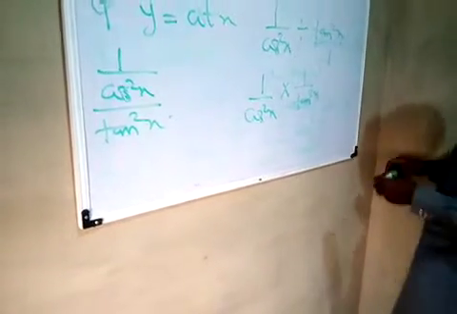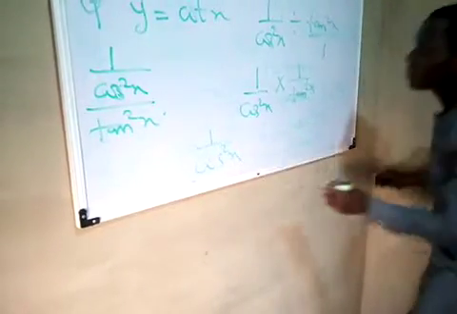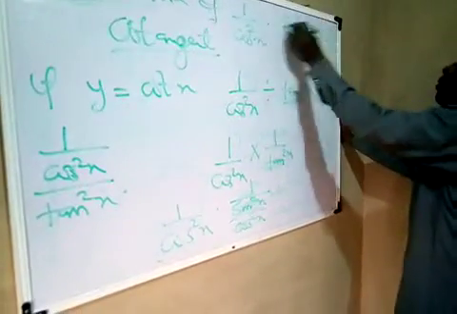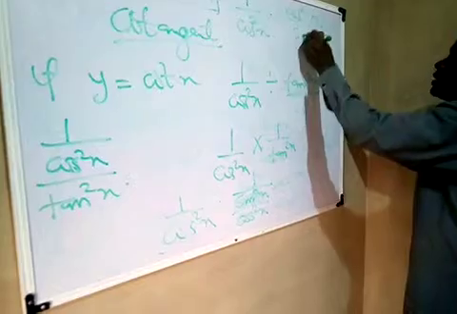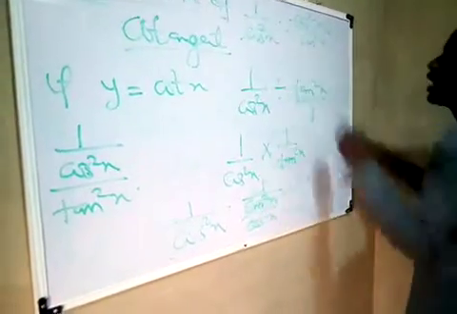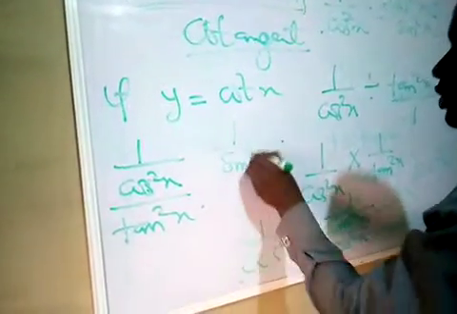Finally, we have 1 over cos square x times cos square x over sin square x. So cos square x cancels cos square x. We now have 1 over sin square x. That is what we are going to have there.